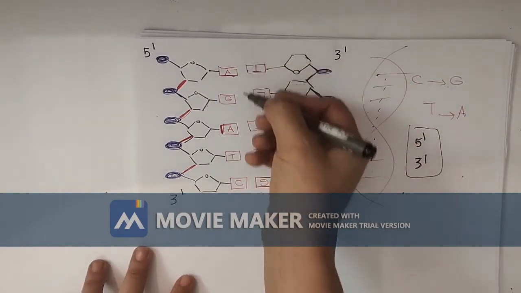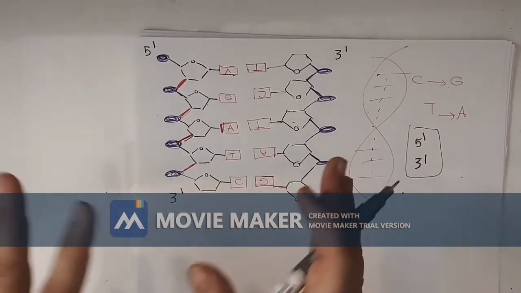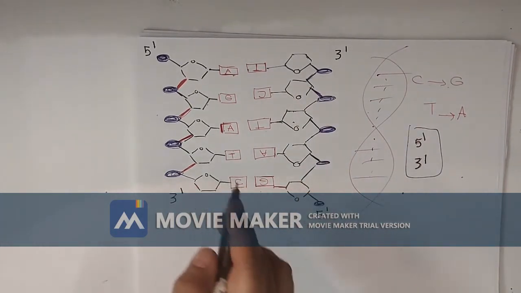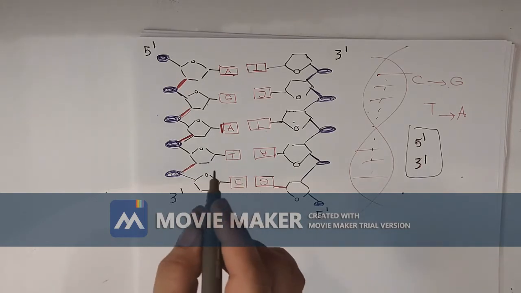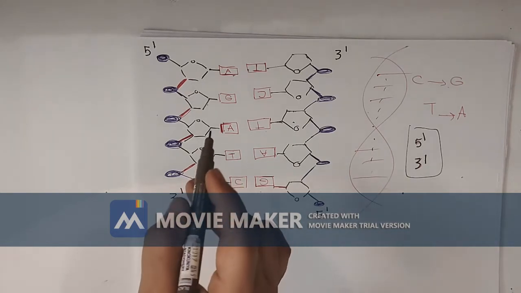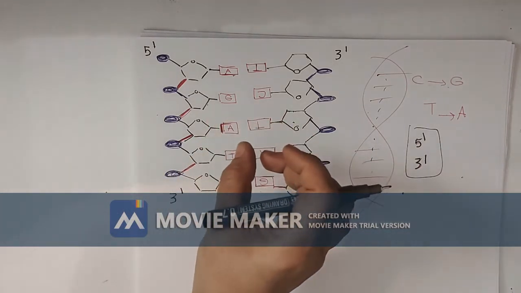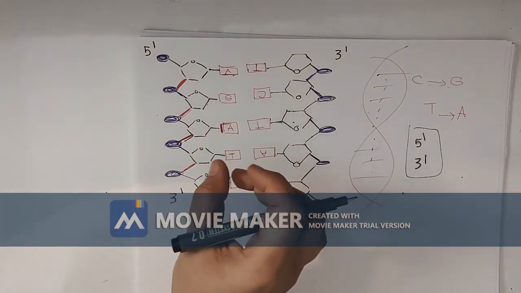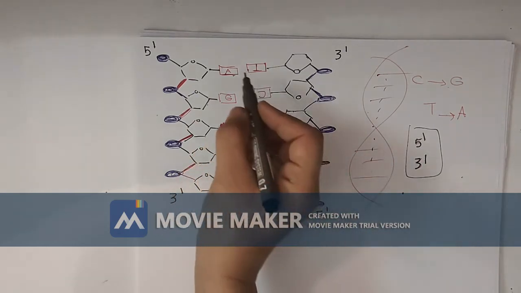These are hydrogen bonds between the bases, okay? The hydrogen bonds join the two strands together between the base pairs, between A and T that we have here.